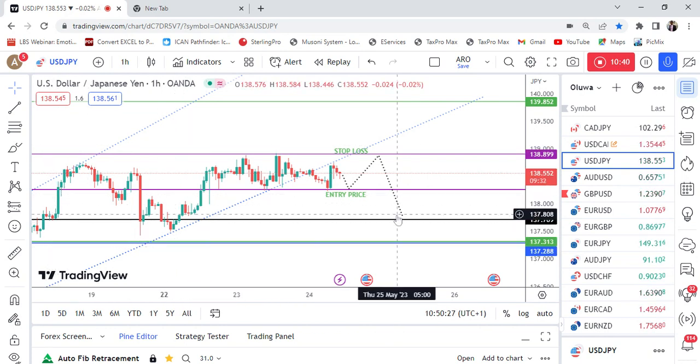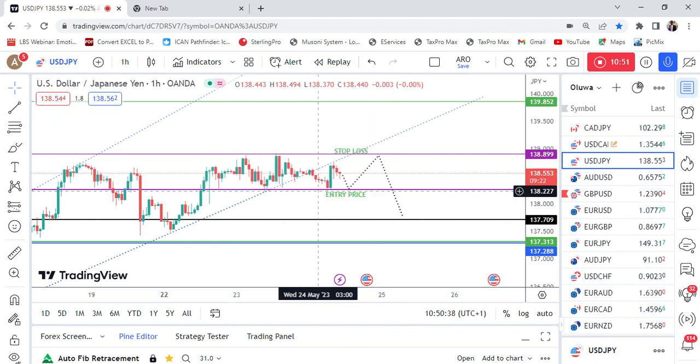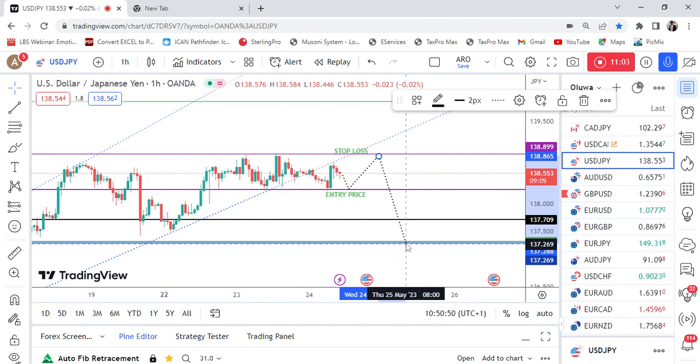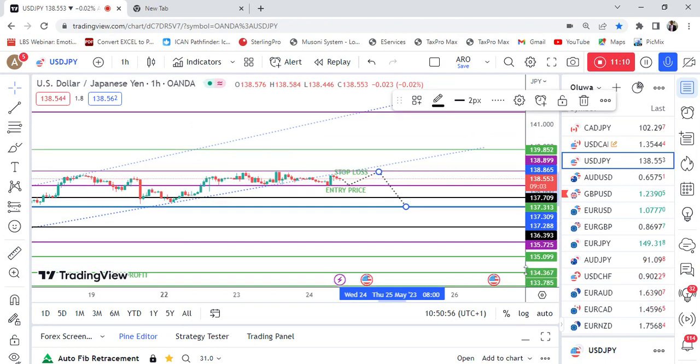So where is our entry now? If there is a break on this particular resistance equal to support, so if there is a break on this support, we are going to enter for a sell down to here, down to here, or possibly continue downward here.